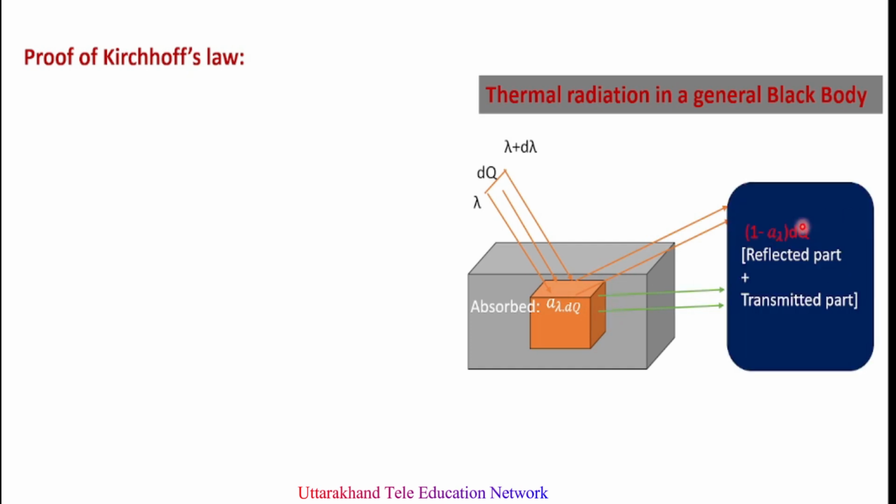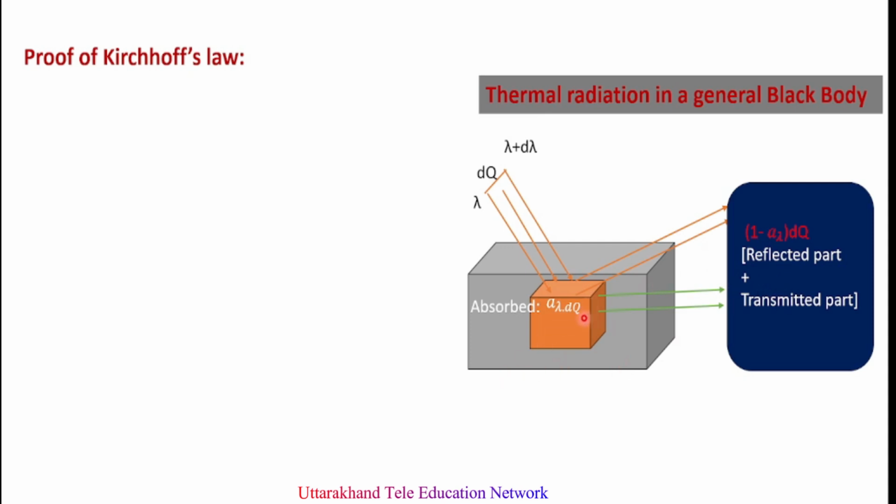We can say the 1 minus a lambda into dq amount of radiation goes out from this body in 1 second in the form of reflection and transmission, or both.